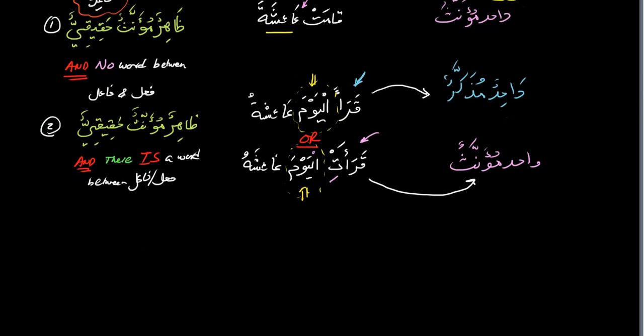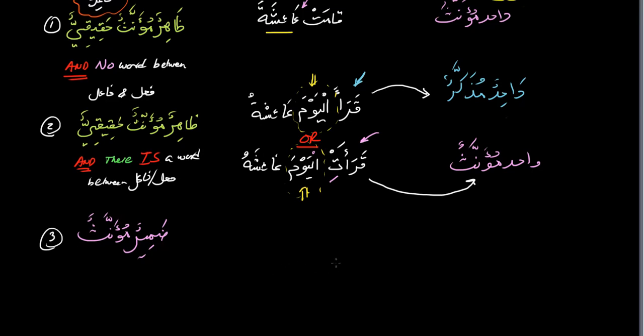All right, category number 3. So this category number 3, ضمير مؤنث. So we have ضمير مؤنث. Okay, the ضمير مؤنث.